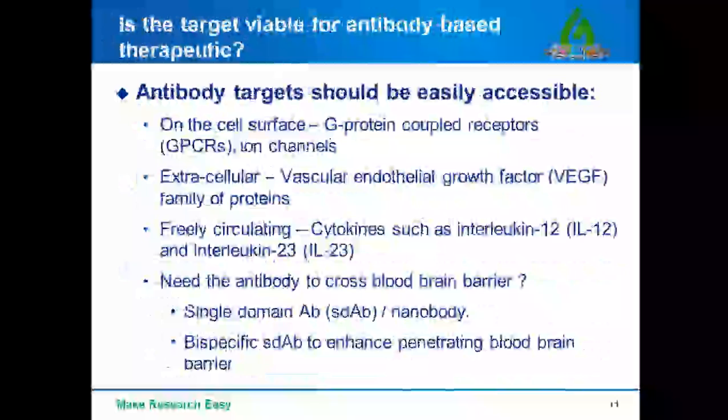Humanization has become a standard and widely used technology to reduce immunogenicity of a therapeutic antibody initially derived from rodents. The process refers to the replacement of more than 90% of the rodent IgG sequence in the parental antibody molecule with human IgG sequence.